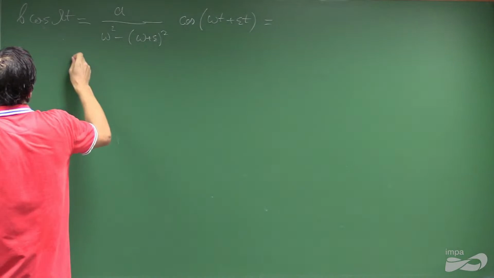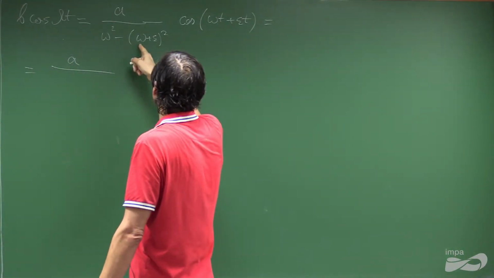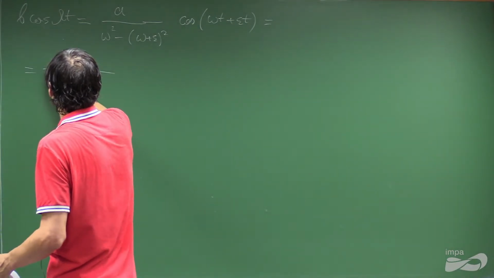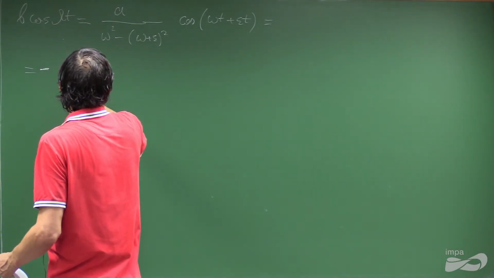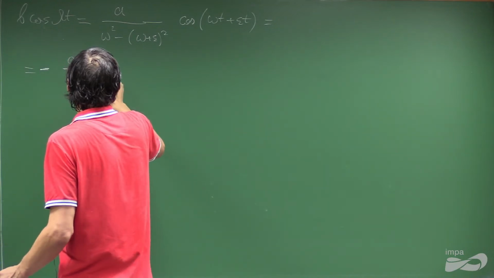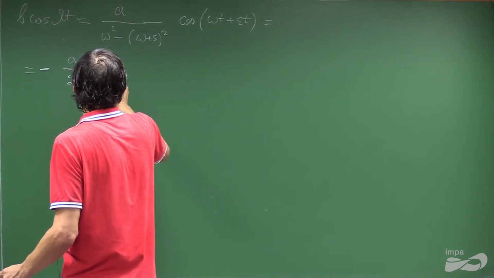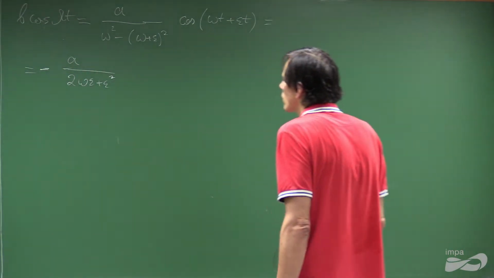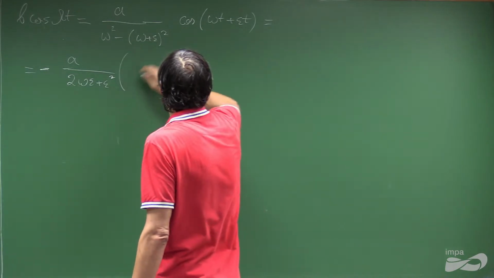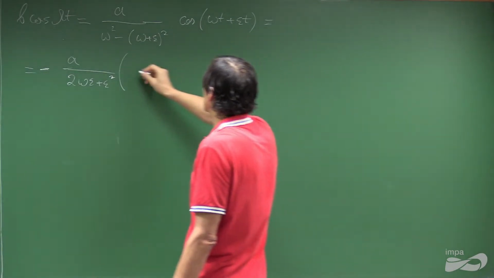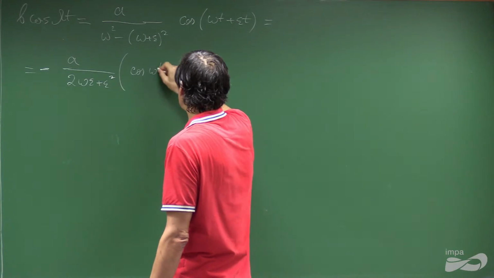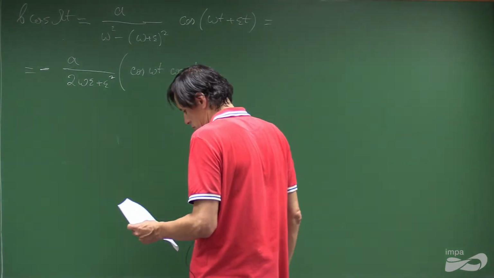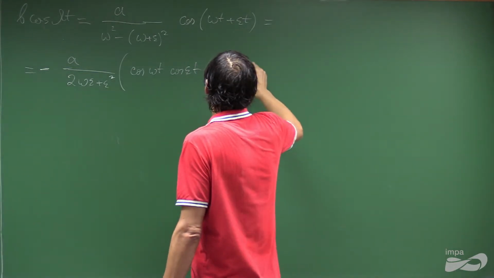So omega squared will cancel, so I put minus here. 2 omega epsilon plus epsilon squared. And then you open the cosine of the sum. So it will be cosine omega t cosine epsilon t, I think minus, no, it should be minus, yes. Minus.